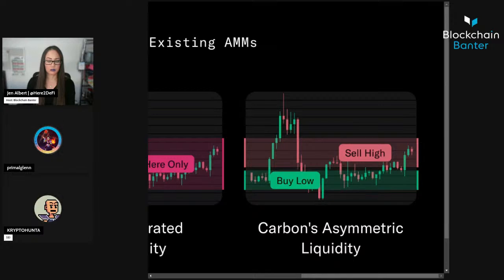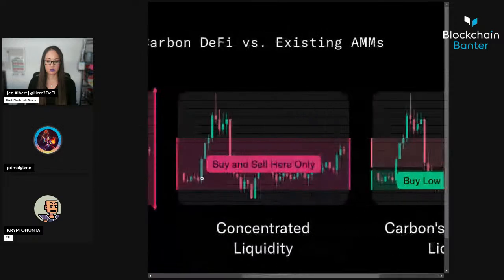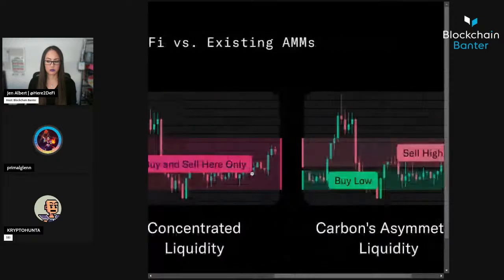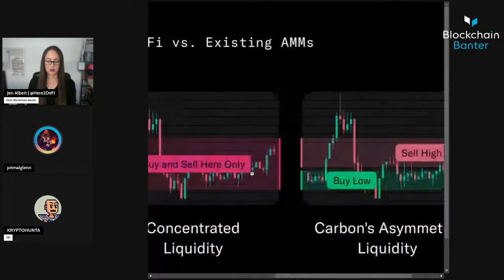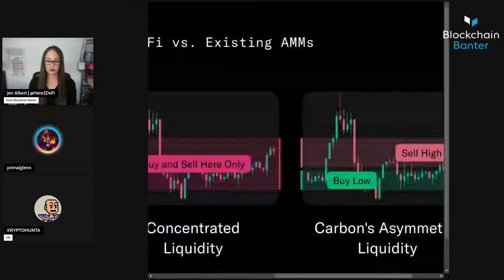This is the concept of Carbon's asymmetric liquidity. We can do these buy low, sell high strategies, and we can also give you the ability to do concentrated liquidity. And there's a reason why you might want to do one of these, or you might want to do both, which is what we see with most sophisticated traders.